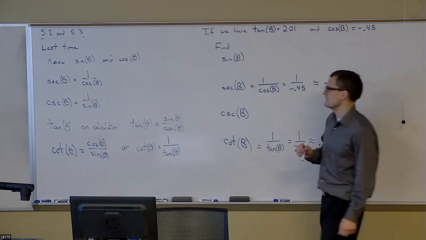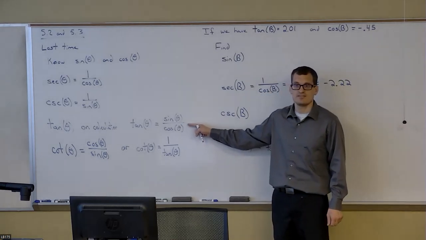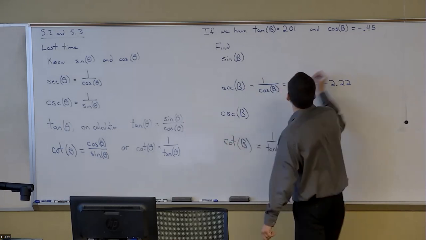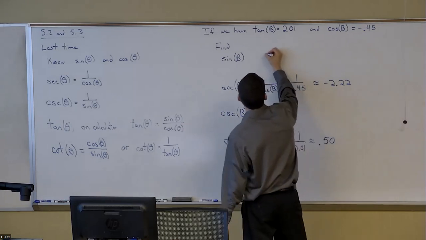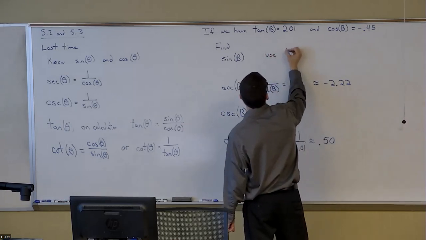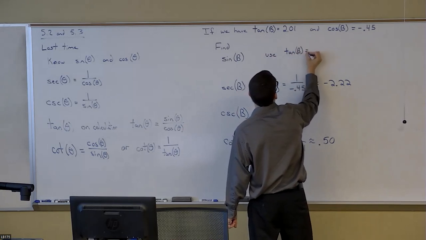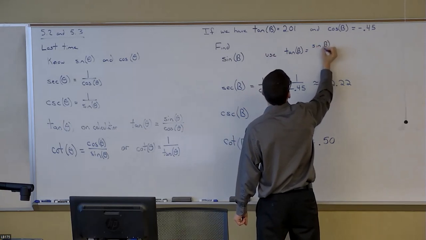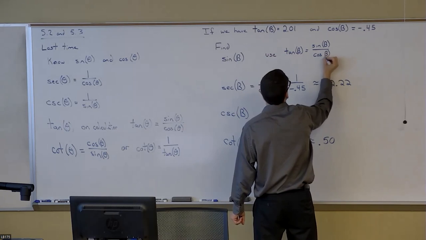So here's what we're going to do. We're going to use the identity that the tangent of an angle B is sine of B over cosine of B.